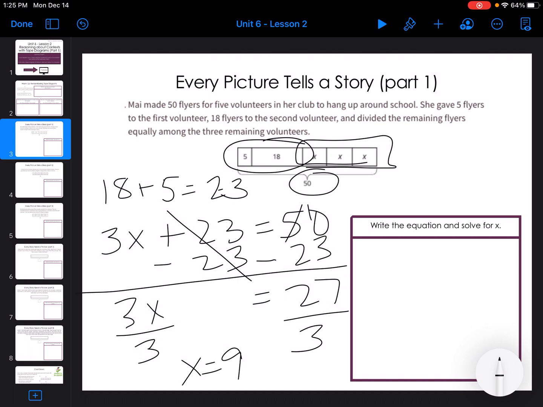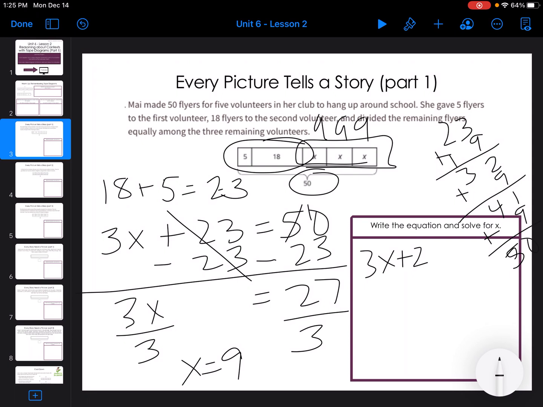So I know that each one of these x's is 9, so I'm going to test it and see if my theory is true. So I have 23 plus 9, that'll give me 32, plus another 9, that'll give me 41, plus another 9 is 50. So write the equation and solve it. It was 3x plus 23 equals 50.